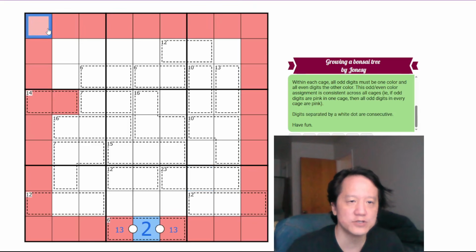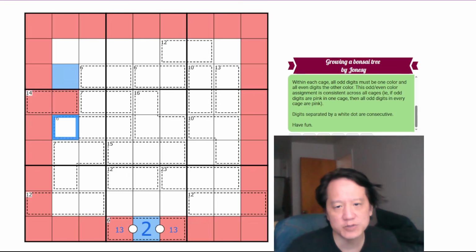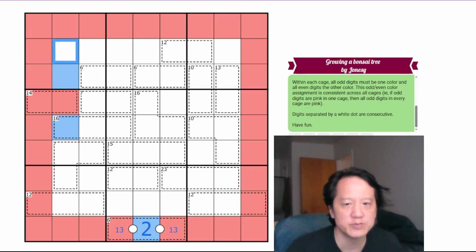That means, okay, so we also have the rule again where no 2 by 2 area can be the same color. So that means for this 2 by 2 area, this must be even. This must be even. Same with this. This must be blue. Or not, it doesn't have to be even. It just must be blue. And if it's in a cage, so this must be blue. This must be blue. Okay.